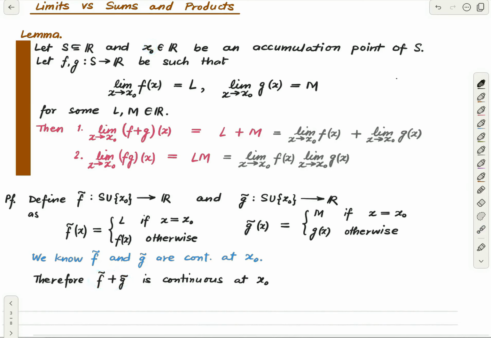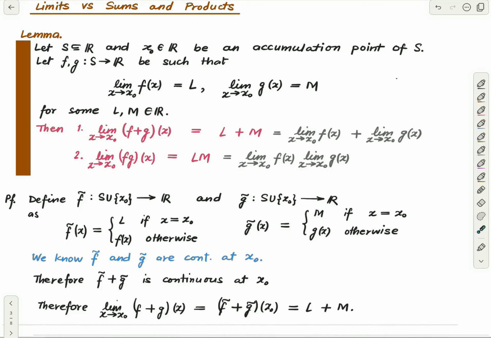Therefore this limit is the value of f tilde plus g tilde at x0, which is L plus m.